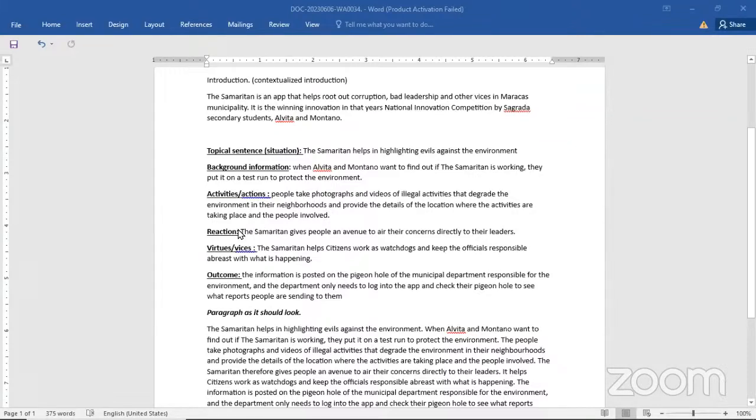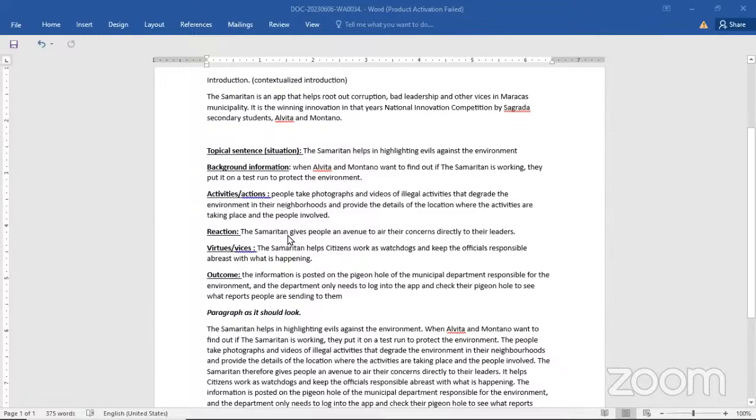In this case, I just used my own perspective, my own view, that probably because of this app allowing people to take photographs of illegal activities, the people are now able to air their concerns directly to their leaders. Something, as we've seen in the text, the Samaritan, they were not able to do before that. So this is my own reaction.